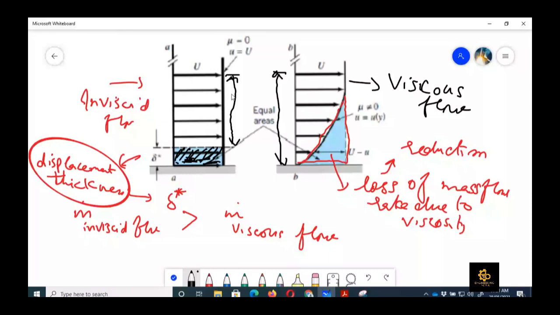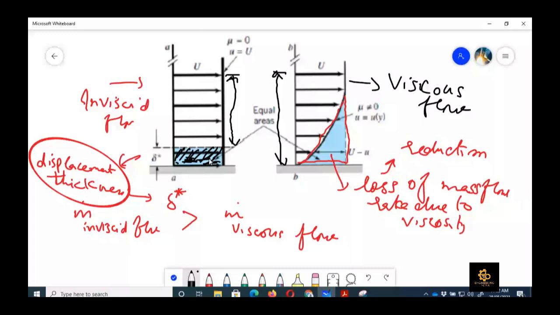Because we have increased the thickness of the plate, the mass flow rate of the inviscid flow becomes equal to the mass flow rate of the viscous flow, because for the inviscid flow the area for the flow is now less. So displacement thickness is the thickness which we need to add to the solid surface in order to make the mass flow rate equal to the actual viscous flow.